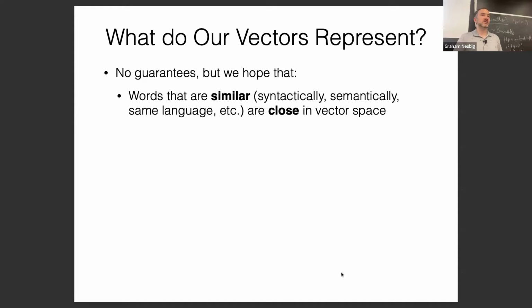It's not necessarily semantic similarity, because semantics, does anyone know another name for semantics? Meaning, yes, very good. You found a semantically similar word, so it means the same thing, right? But they could also be syntactically similar, but meaning-wise very different.